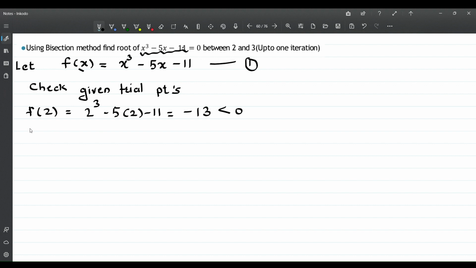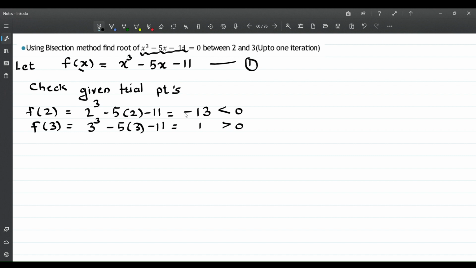Next one, f of 3. Put the value of x is equal to 3 in this equation 1. 3 cube minus 5 into 3 minus 11. 3 cube is 27, minus 15 is 12, minus 11 is 1, which is greater than 0.